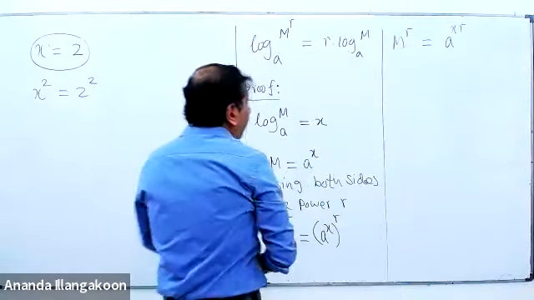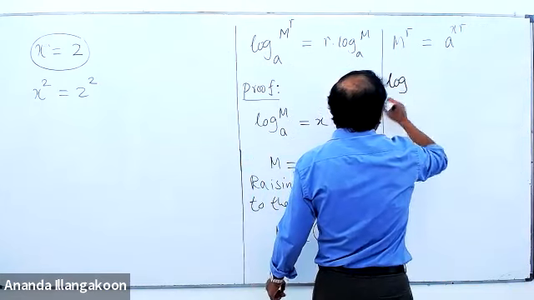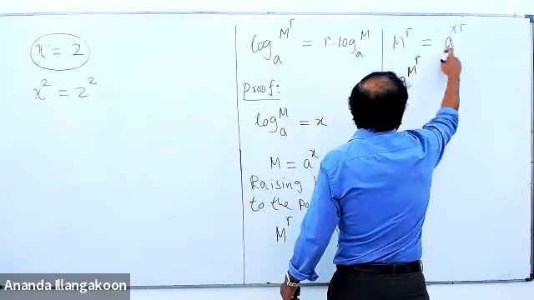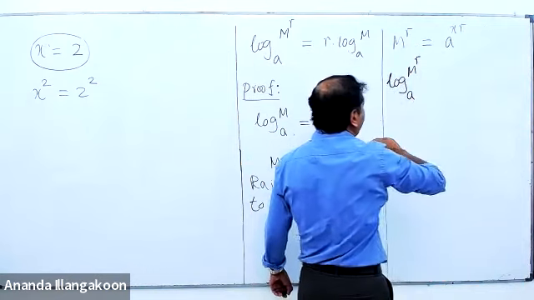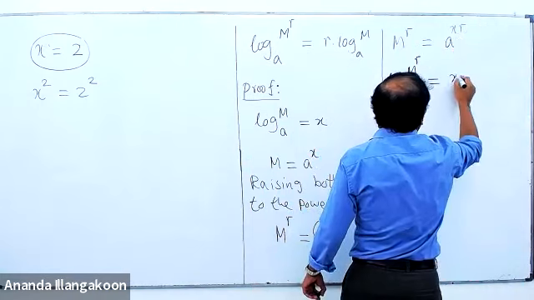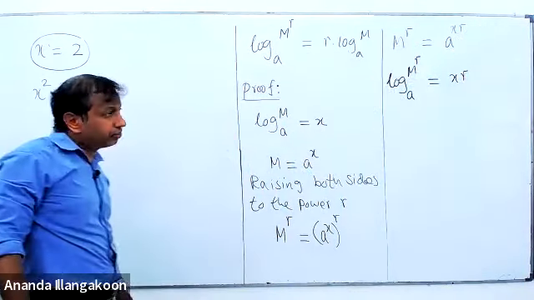How? Write log of m to the power r, with the base being the base a from the right hand side, equal to the right hand side power xr.